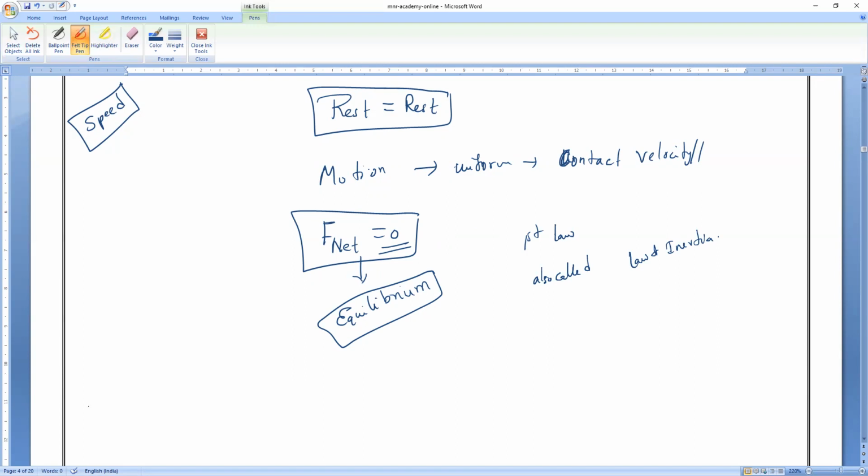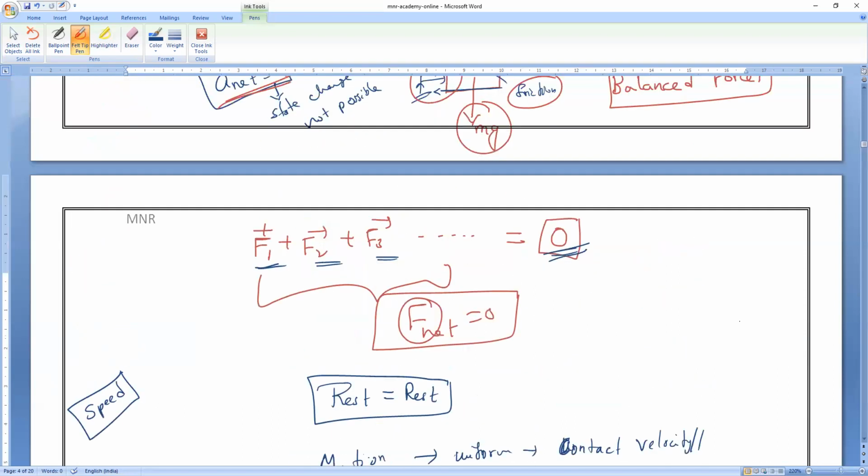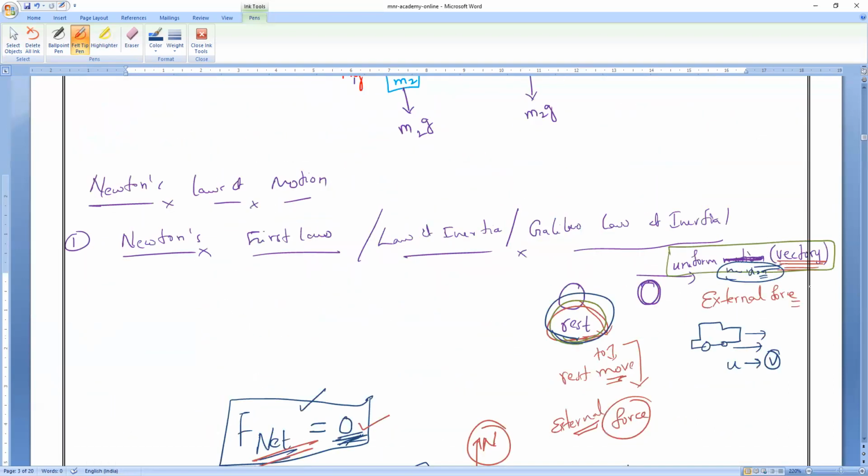Anybody having any doubt, you can let me know, or else we'll continue. So net force is 0, and that is called Newton's first law. Unless an external force is applied, the body which is in a state of rest remains at rest, and the body which is in uniform velocity remains in uniform velocity.